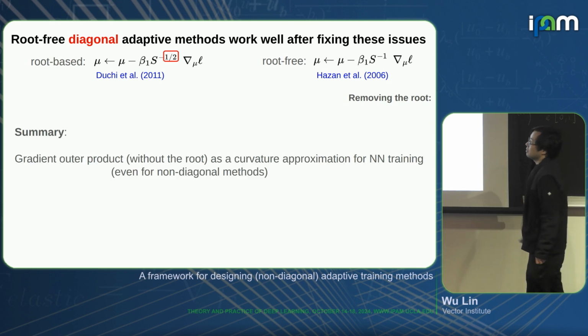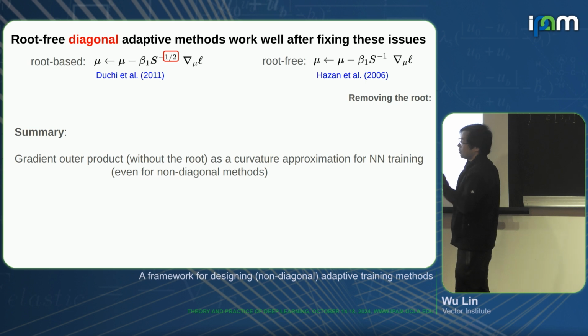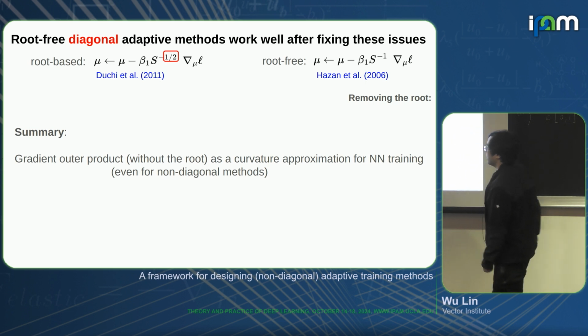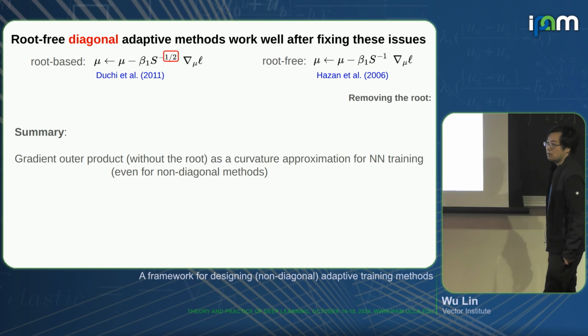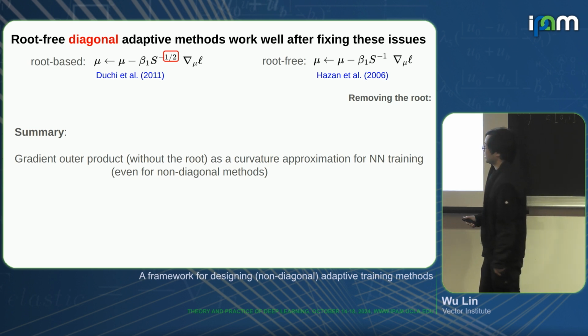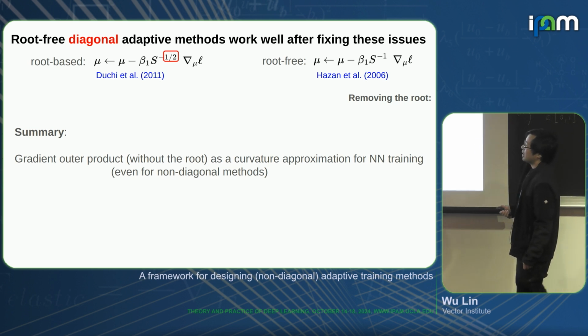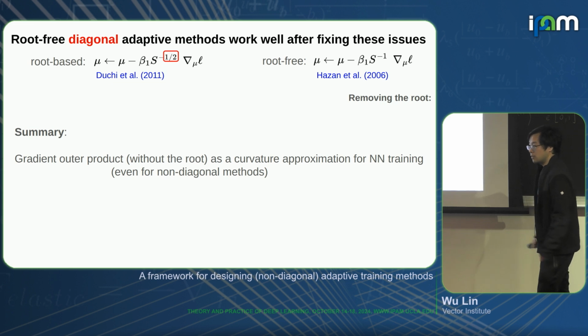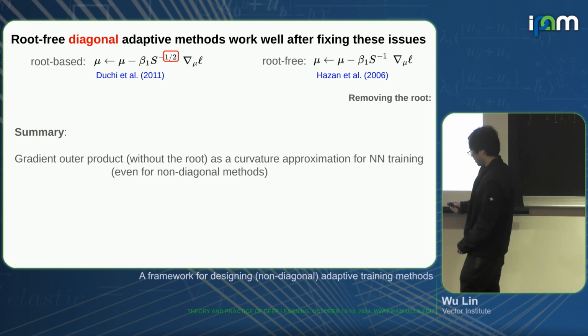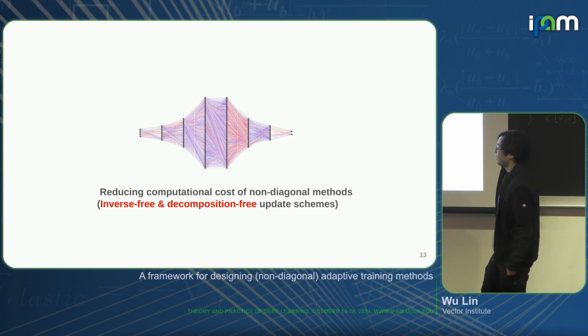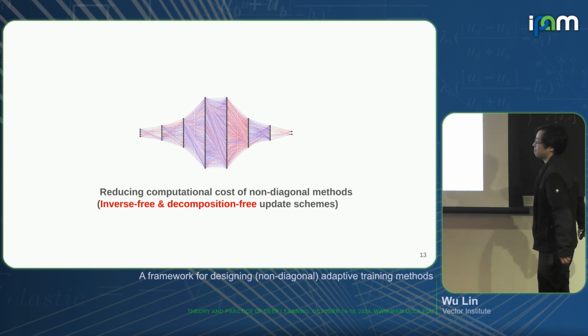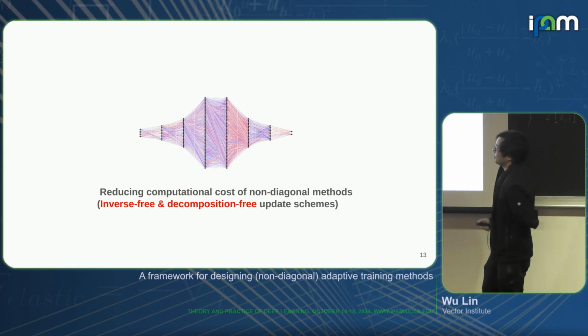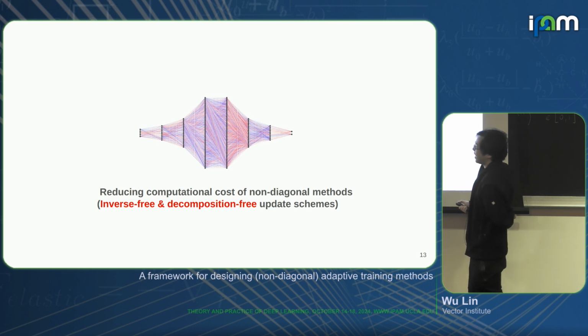So this result suggests that the gradient outer product itself can be considered as a curvature approximation for neural net training, and we can even use the gradient outer product as a curvature approximation for non-diagonal methods. So now let's go to the next part, how to reduce the computational cost for non-diagonal methods.